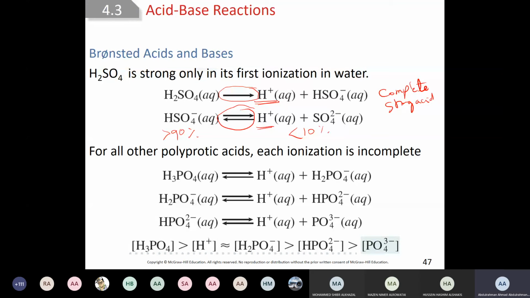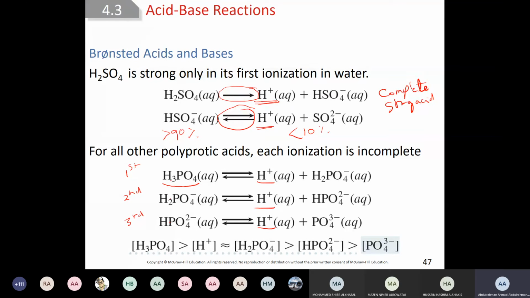Good. When you have a weak acid like H3PO4, phosphoric acid, it's weak. This is the first proton, this is the second proton, this one is the third proton. Which one is the stronger? Is it the first proton, the second proton, or the third proton? The first is always stronger than the second, and the second is stronger than the third.